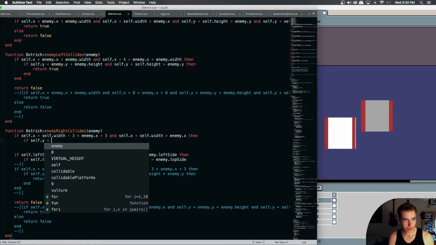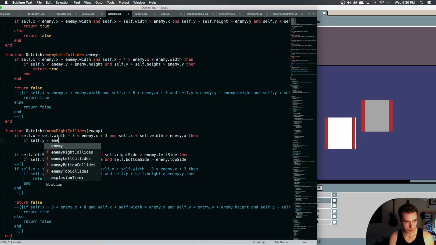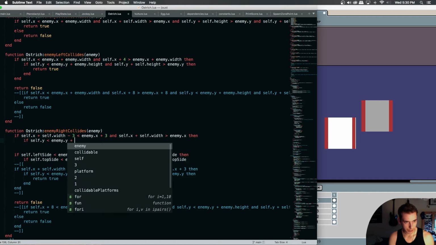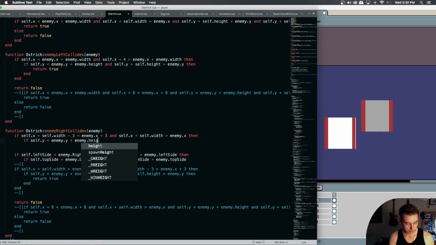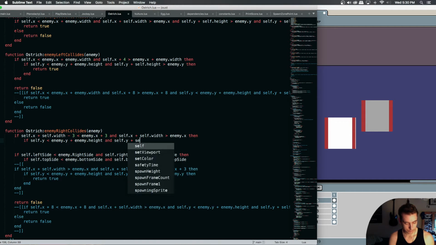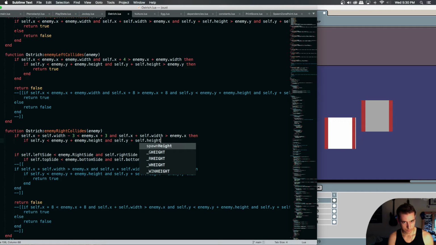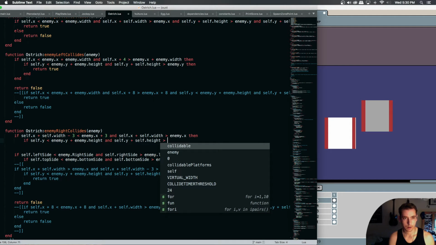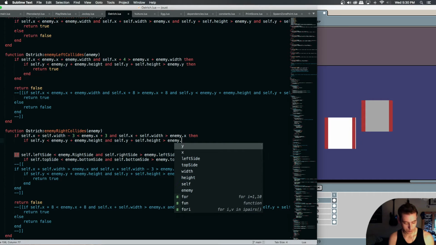Our top would have to be smaller than the bottom of our enemy, which is enemy dot y plus enemy dot height, and the bottom of us, self dot y plus self dot height, would have to be greater than the top of our enemy, which is that.